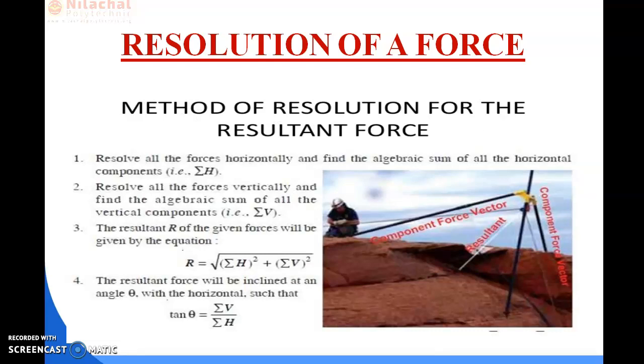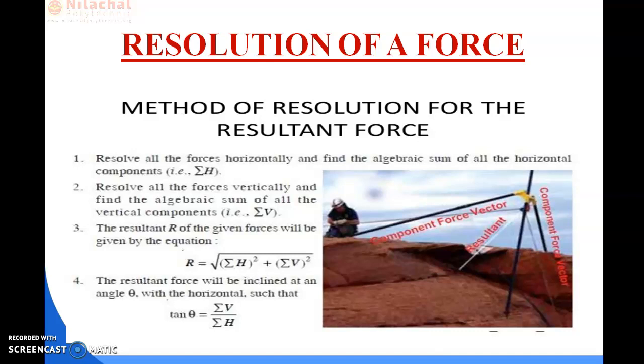First of all, resolve all the forces horizontally and find the algebraic sum of the horizontal components, that is summation of H. Whenever the forces are resolved vertically, find the sum of all the vertical components, that is summation of V, and the resultant R of the given forces will be given by the equation.